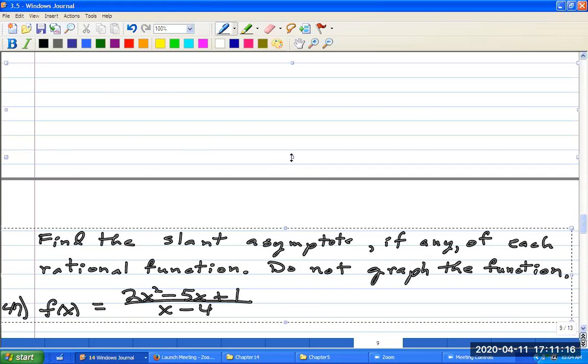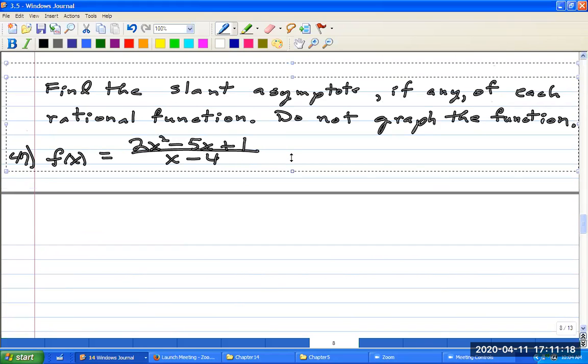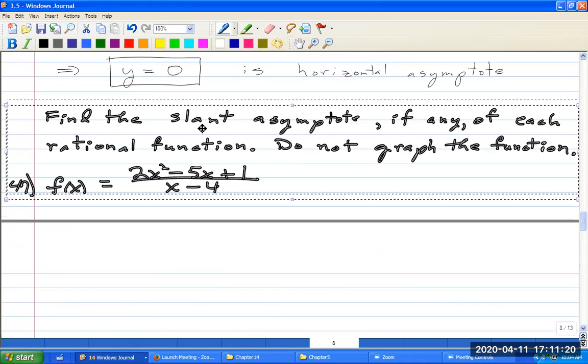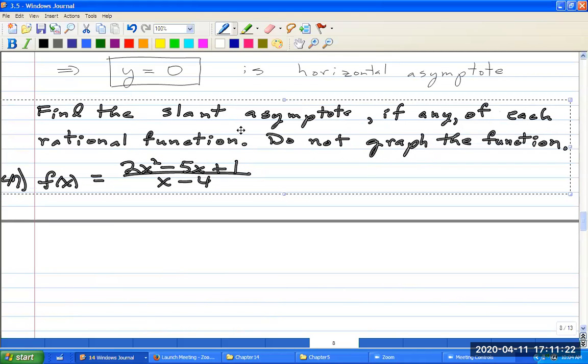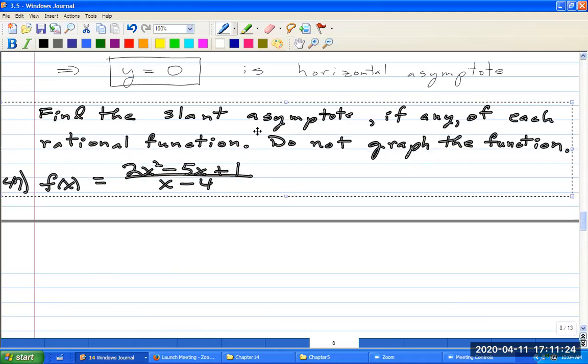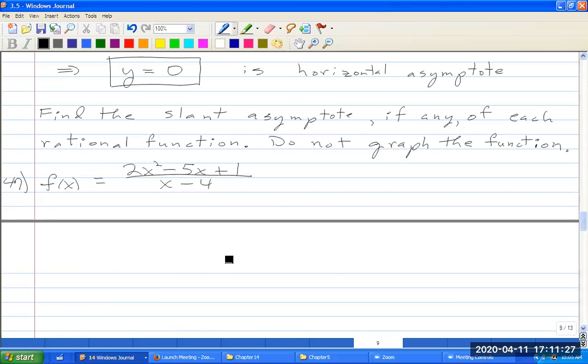Find the slant asymptote, sometimes called the oblique asymptote. Find the slant asymptote, if any, of each rational function. Do not graph the function.